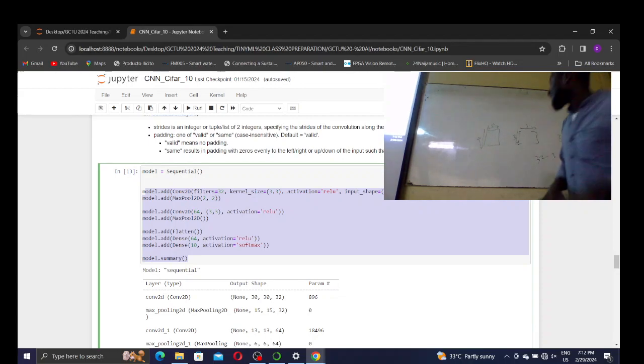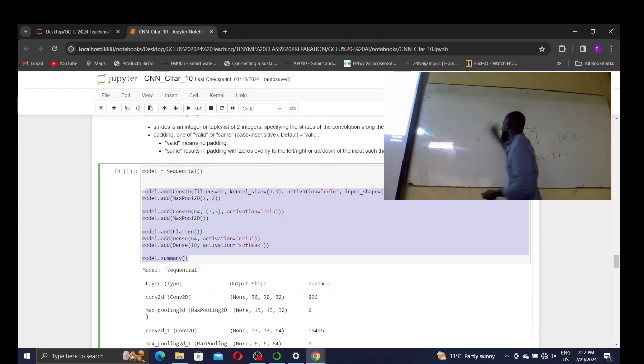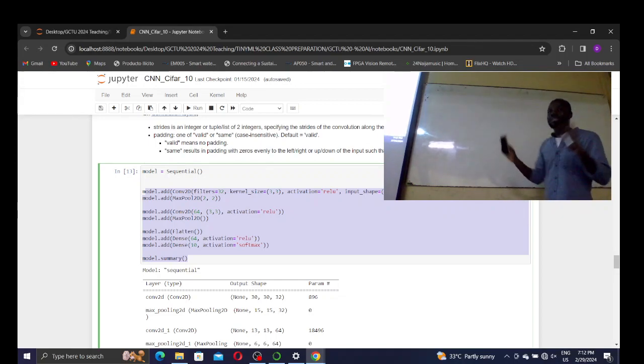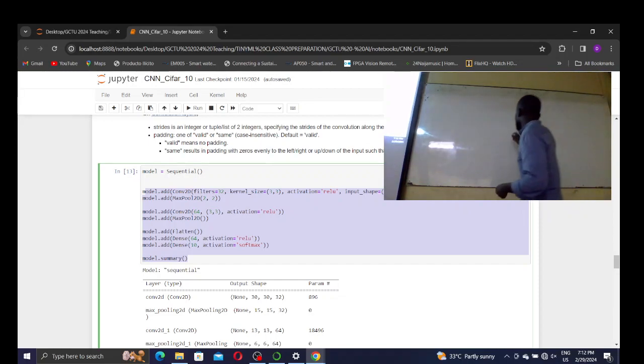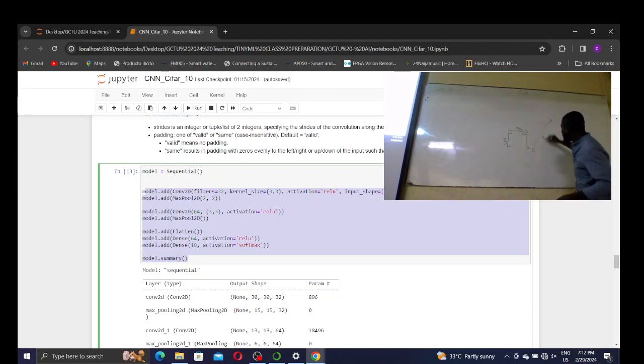What I said is that here the parameters are the filters. What it is learning here are the filters. My filter size is 3 by 3, and I have 32 of them.